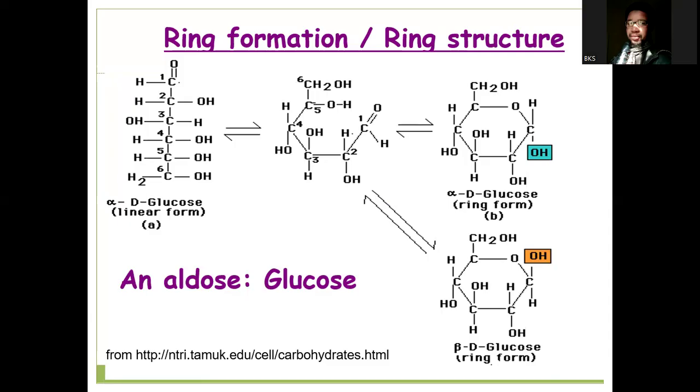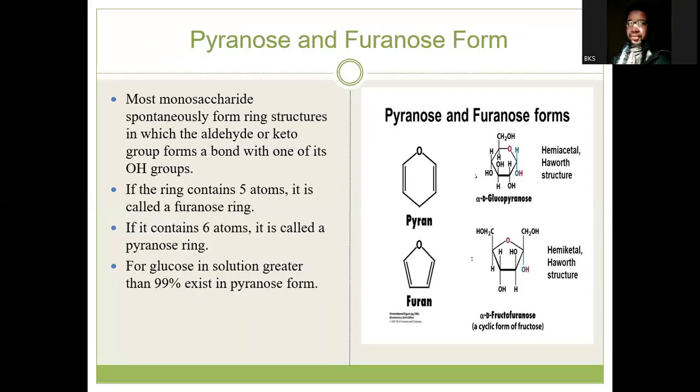I think this is why I decided to do this one here. But before then, when the cyclization happens, two things can happen. When they form this structure, they can either form a 5-membered ring or a 6-membered ring.